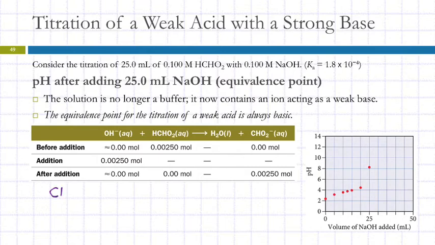So we've got CHO2 minus, and that's going to react with H2O to form HCHO2, the acid, plus hydroxide ion. So we're starting with, now this is an ice table, so we should be using concentrations here.